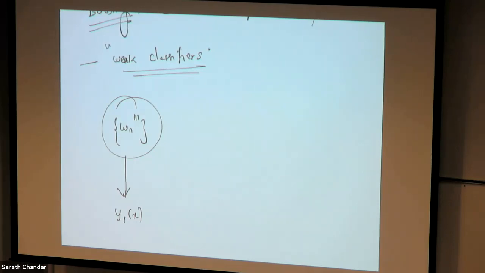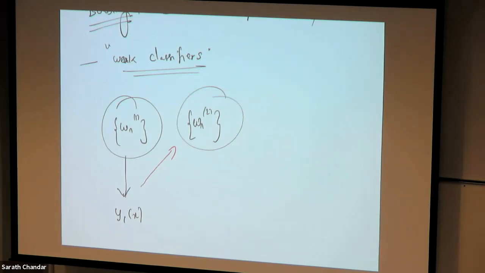Now, depending on the mistakes of the first classifier, I'm going to adjust my weights. So I'm going to get wn2. This wn2 is dependent on the first classifier's errors. For example, if there is a training example where the first classifier correctly classifies, then you will not do anything to that weight.